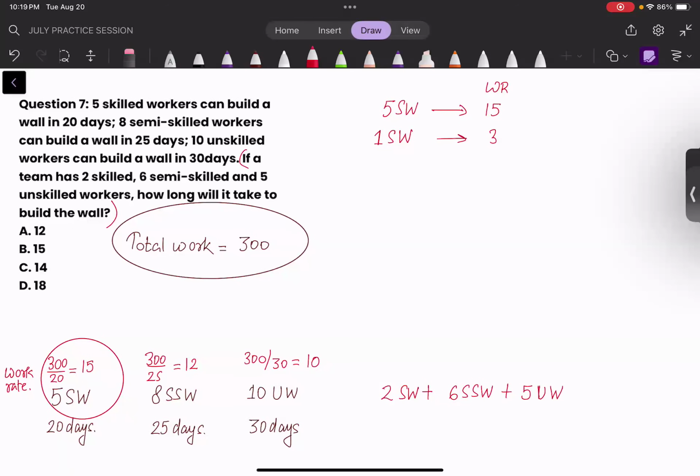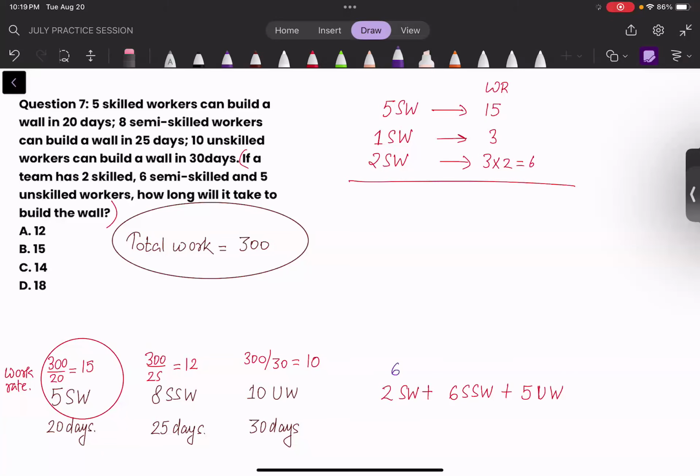Is this understood, all of you? So 2 skilled workers will have a work rate of how much? 3 into 2, that is 6. So I have got the work rate of 2 skilled workers, which is 6.